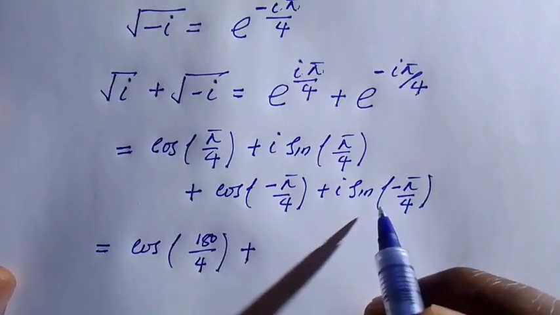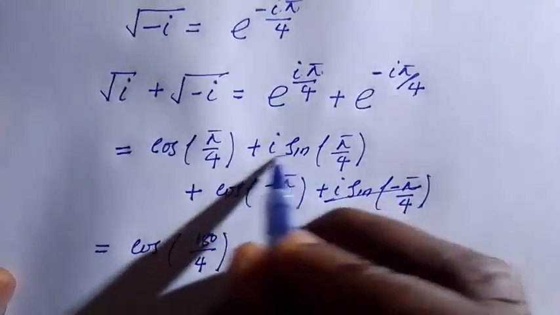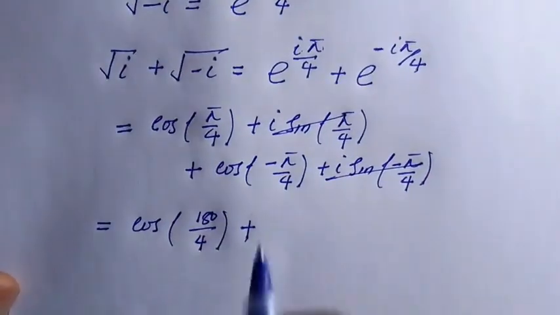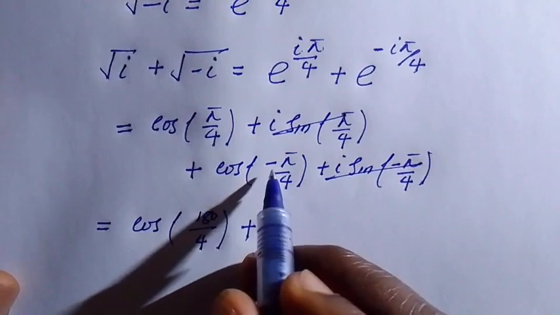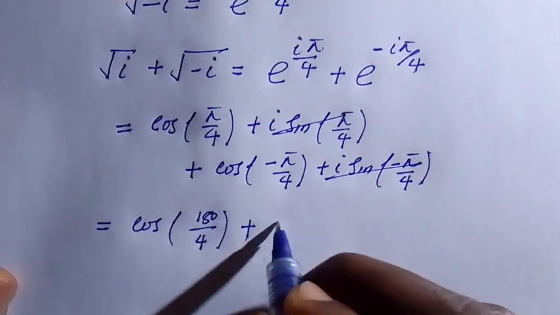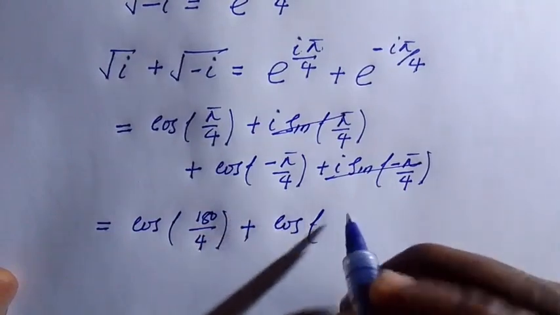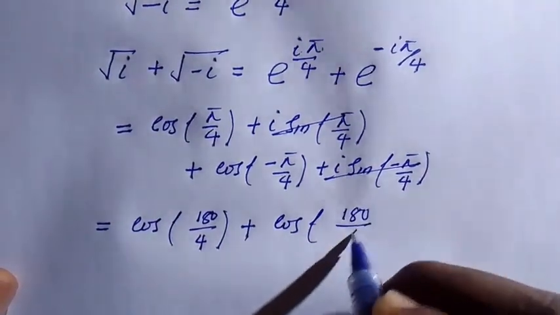Sine is an odd function, so this and this one cancel each other. While cos is an even function, so the minus goes away, and this is also 180 divided by 4.